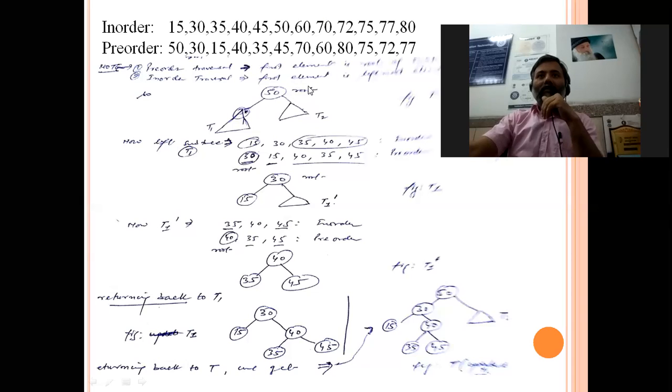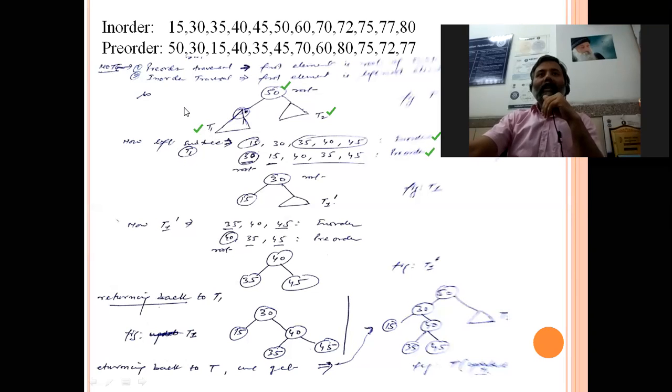So 50 becomes the root, T1 is the left subtree and T2 is the right subtree. Now we are concentrating on T1. For this T1, again we will find the in-order traversal and pre-order traversal.